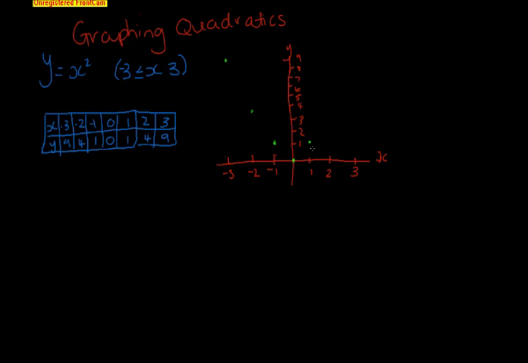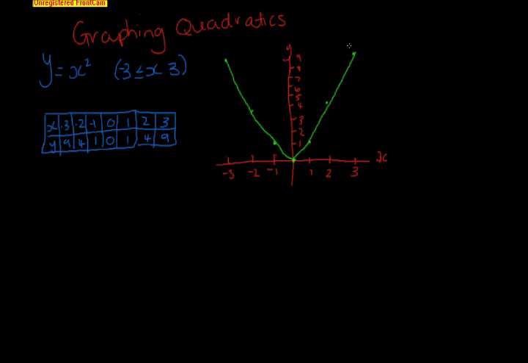Don't forget 0, 0. 2 and 4 and 3 and 9. Once we've got our points on, we can just connect them with a nice smooth line. I'm not very good at it. Stopping at our end point there because we've been given this limit.